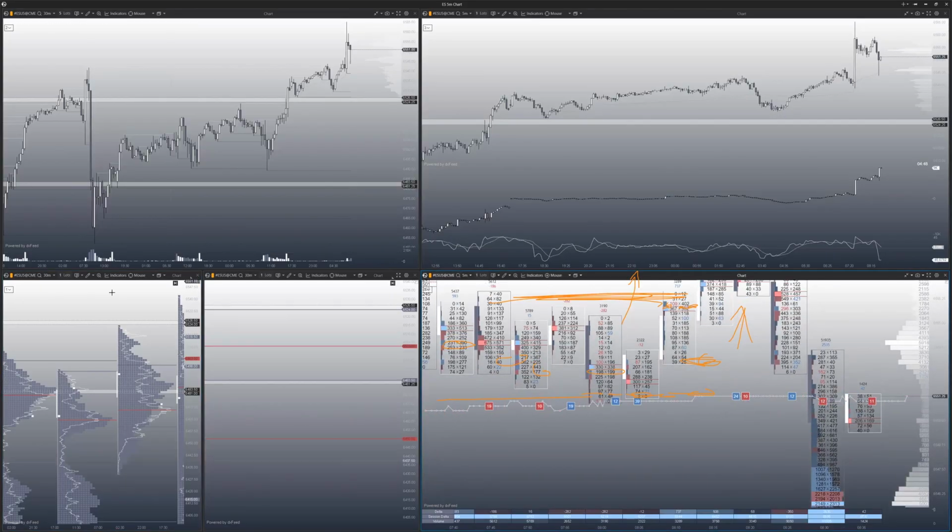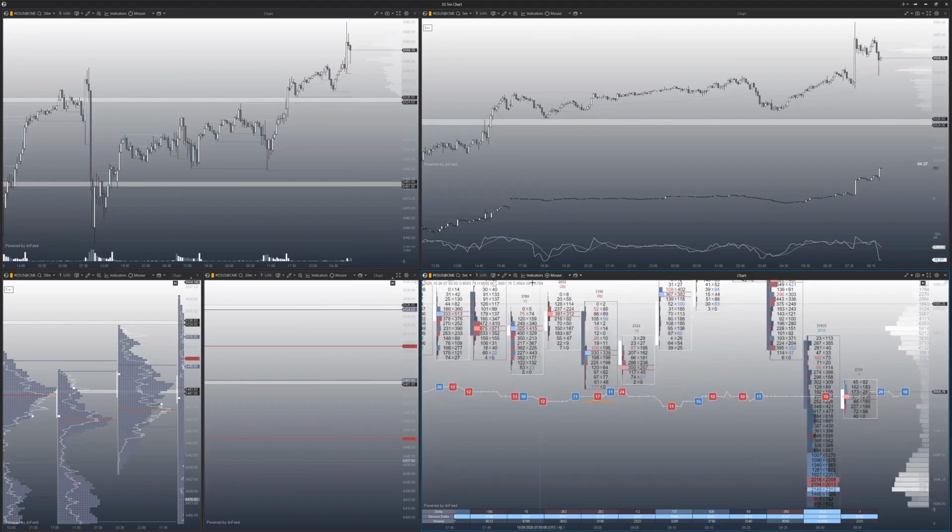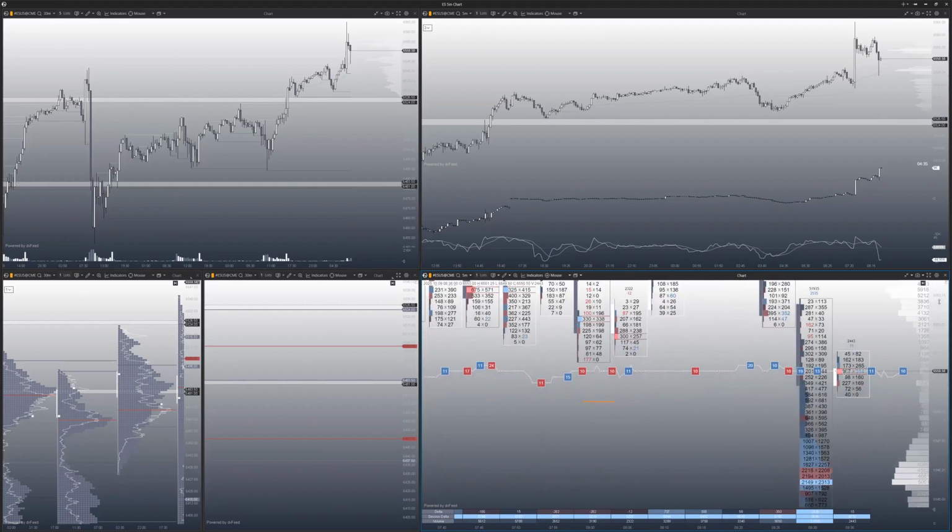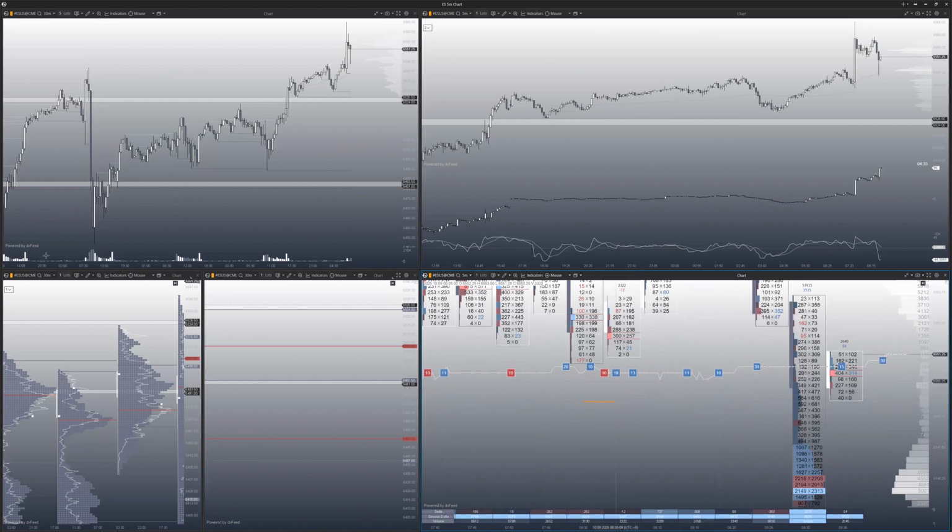This is how you can trade breakouts well. Look at this breakout here. Let's change it a little bit so we see clearly what I wanted to show. So we see here on the downside, we have the absorption.